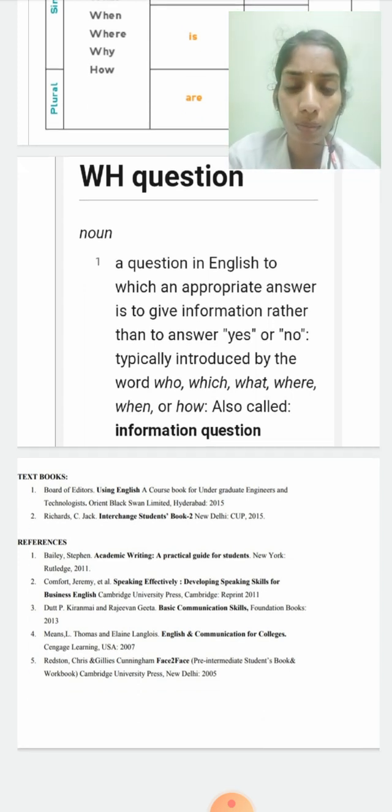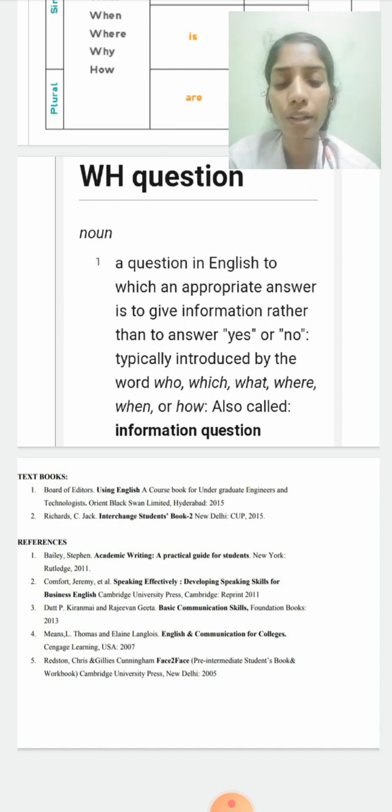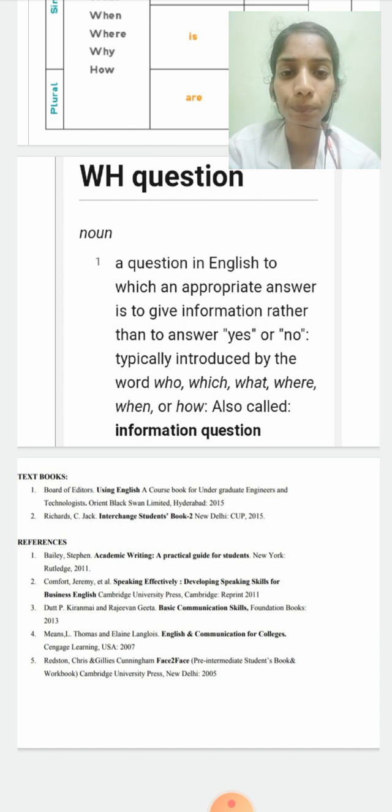So here is the textbook reference. You can see that whatever you want to refer to, you can search these books for further information. Here I have already told you about WH questions.